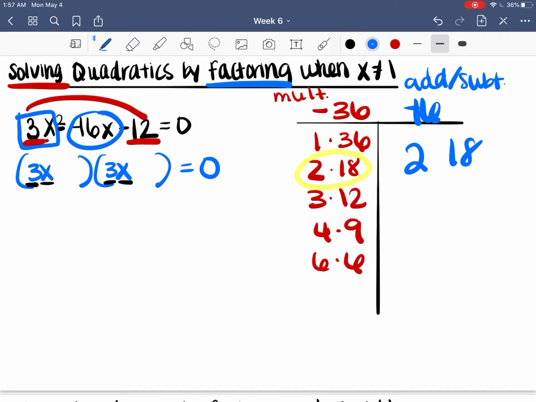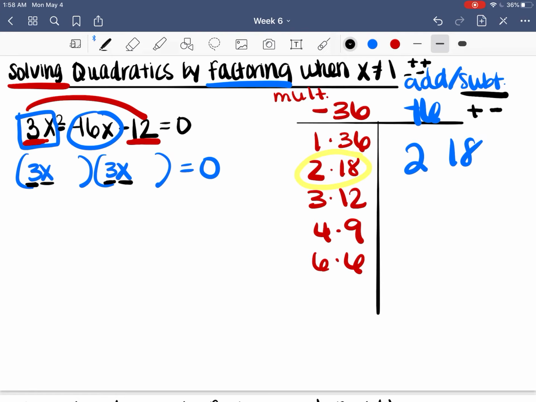To find out our signs that go with those, you need to ask yourself, are we adding these numbers or are we subtracting these numbers to get 16? I am subtracting them, right? So when you are subtracting, they're going to have opposite signs, the 2 and the 18. If I were to add them, I would have the same signs, either 2 positives or 2 negatives.